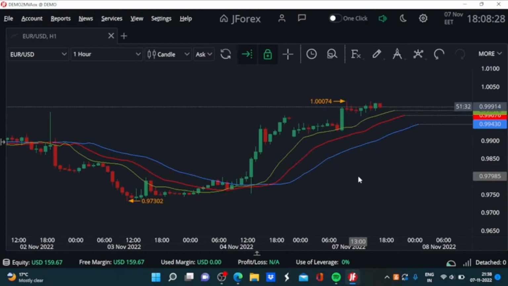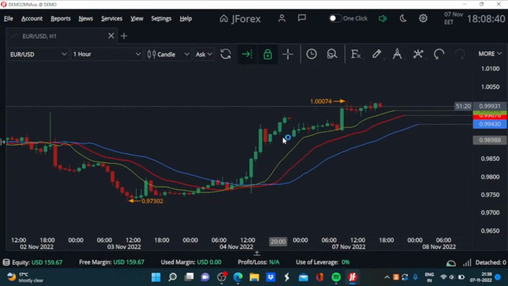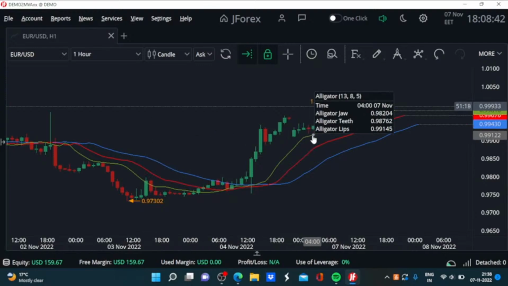The use of this indicator is fairly simple. It gives you the idea of the trend as well as the strength of the trend. By strength of the trend, I mean whenever there is strong momentum on either side, we are going to have a large difference between these values of jaw, teeth, and lips.